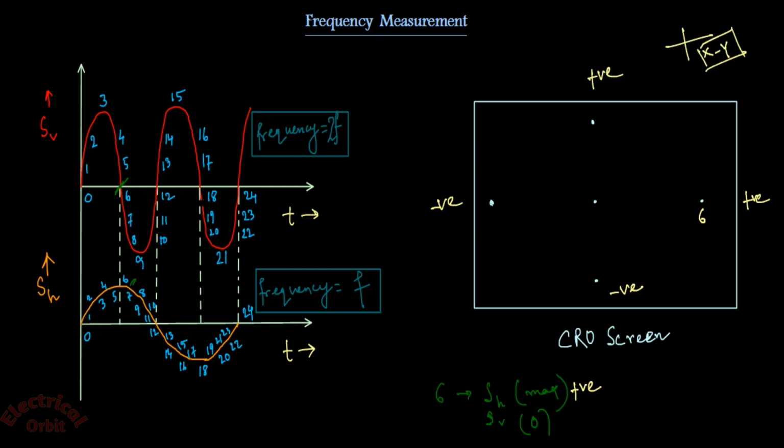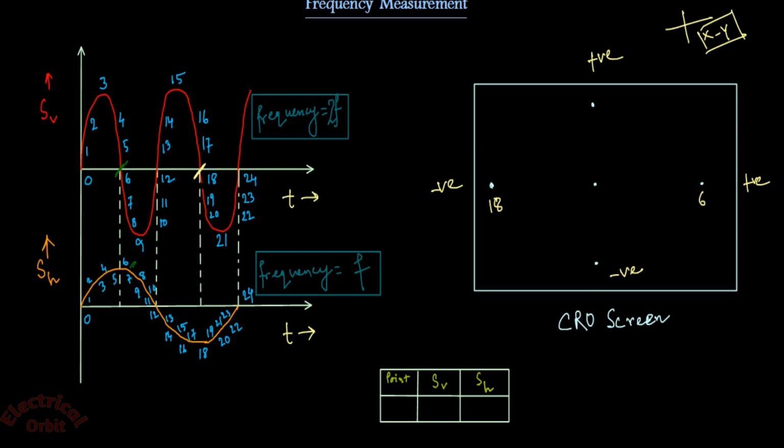Similarly, at the 18 position, SV is 0 and SH is at its maximum negative. So the 18 point is here. Now at point 0, both SV and SH have the 0 value, so the point 0 is here, and that is also the same for point number 12 and 24.